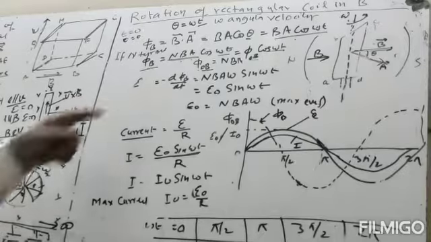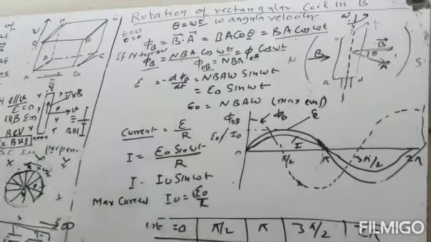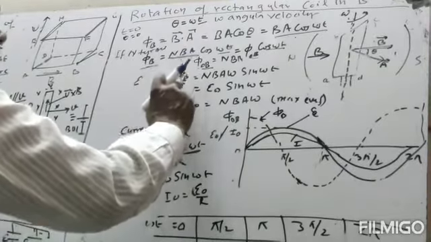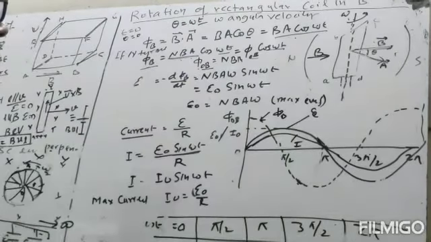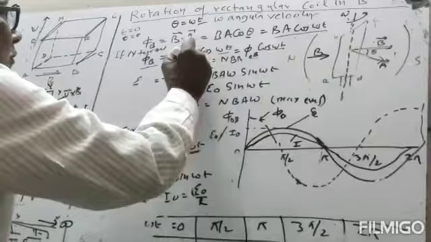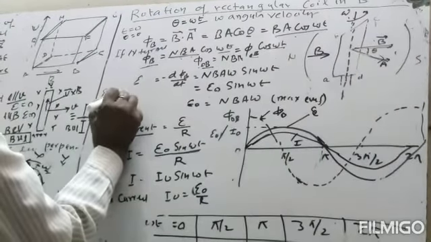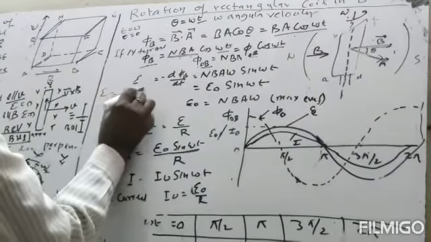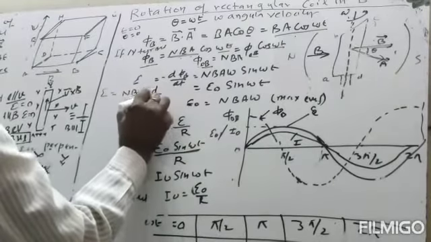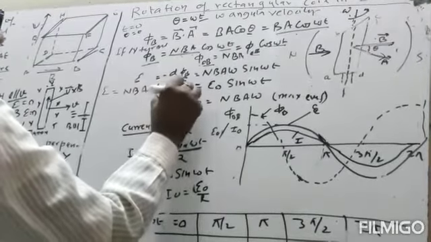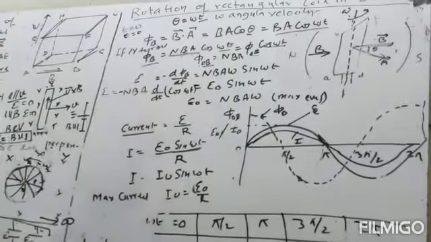So EMF is the negative rate of change of magnetic flux with respect to time. We put the value of phi B here, so it will be equal to N B A into d by dt of cos omega t with the negative sign.